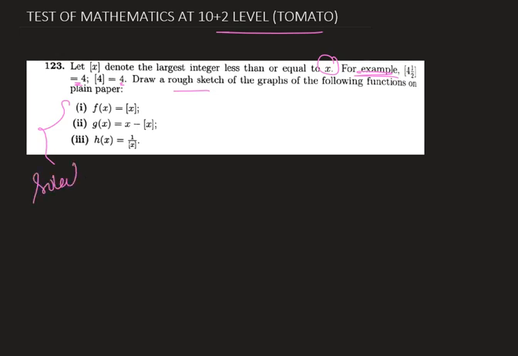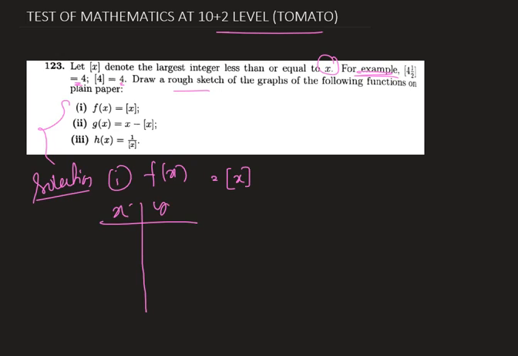So let's start with the first one, which is f of x equals box of x. First we write the table of different values corresponding to x and y.